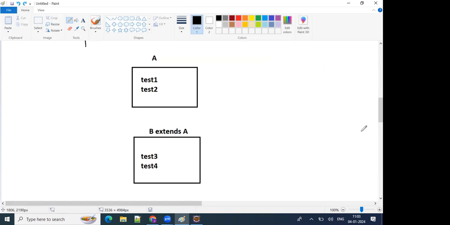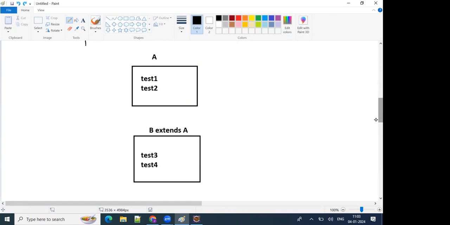Derived casting is nothing but converting one reference variable to another reference variable, one derived variable to another.